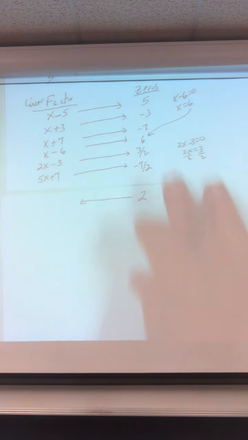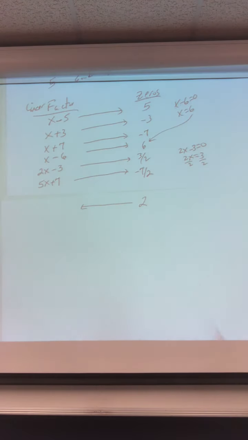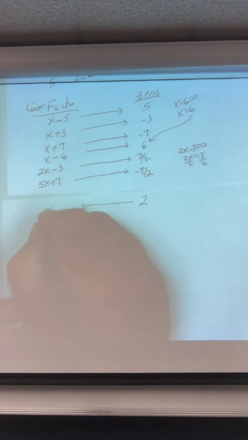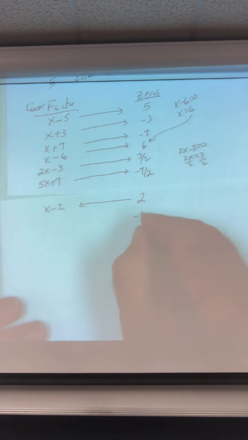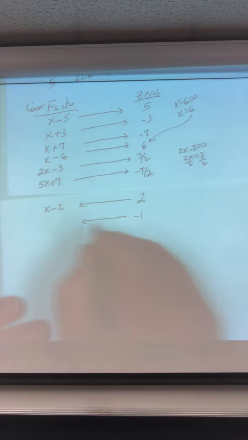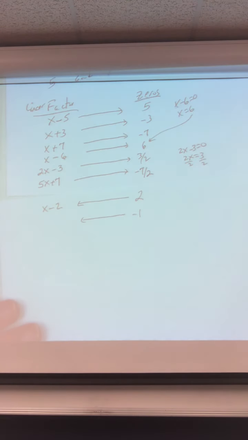So, if 2 is a 0, do you automatically know what the linear factor would be that goes with it? Yes. X minus 2. If negative 1 is a 0, do you automatically know the factor that goes with it?